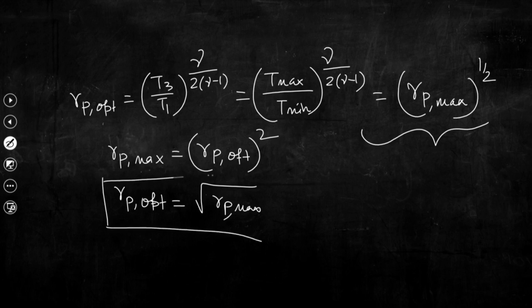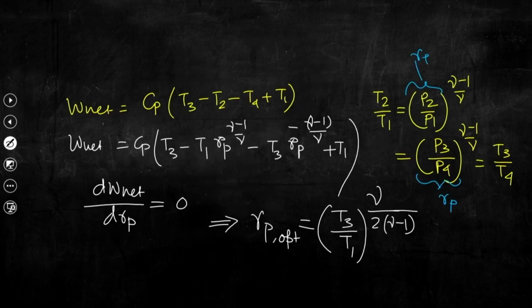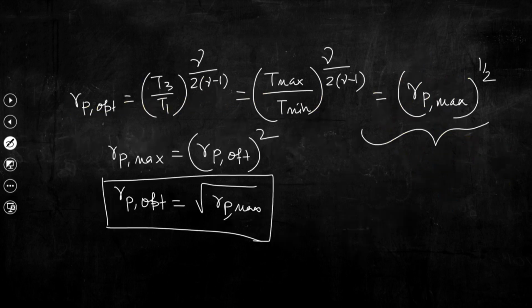Now, question is, if we try to plug in the value of Rp optimum in this expression of W net and also in the expression of cycle efficiency, let us see what would be the expression of cycle efficiency and W net in terms of T max and T min.